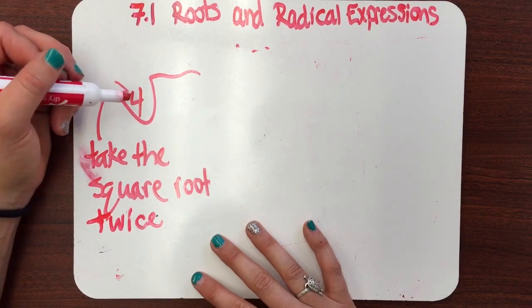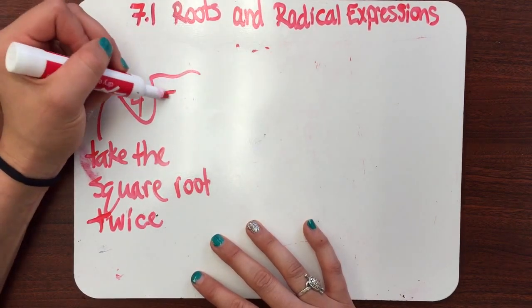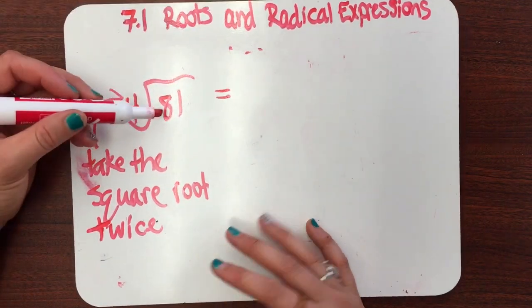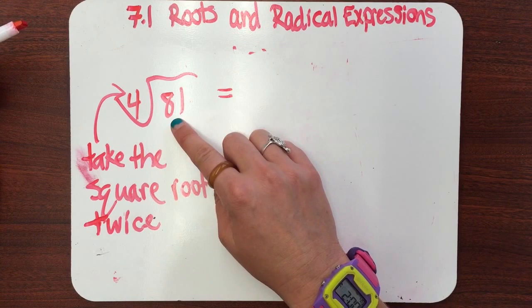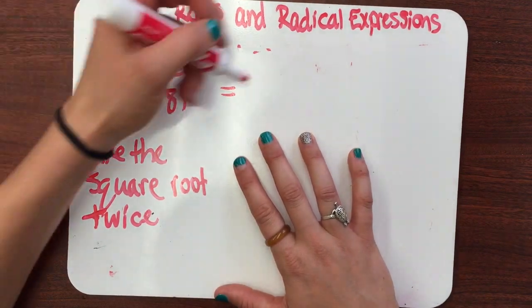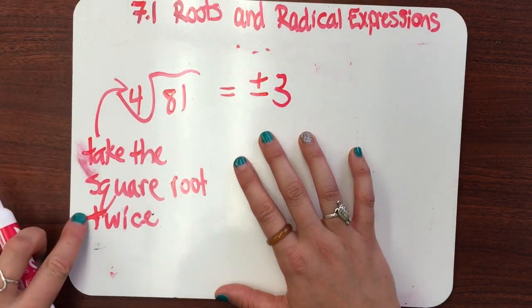So let's say, for example, we have the fourth root of 81. If we're finding both of the solutions, we're going to take the square root of 81, which is a 9, and the square root of 9 is 3, or plus and minus 3. So we just take the square root twice.